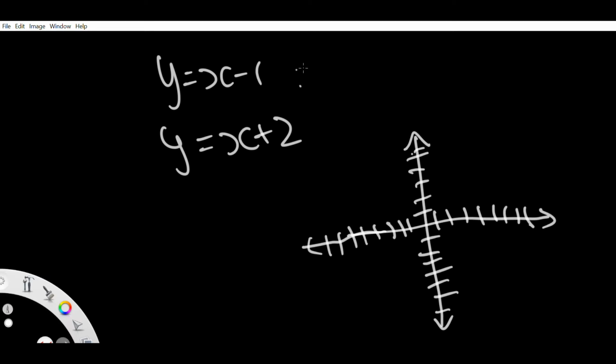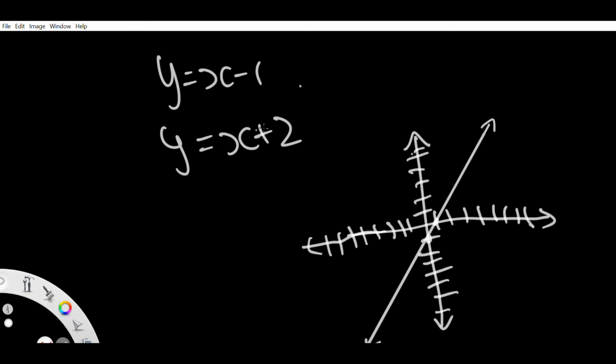The y-intercept is negative 1 and the x-intercept is 1. Now we can graph the line. We have one point over here and one point over here and there. So now we have one line.